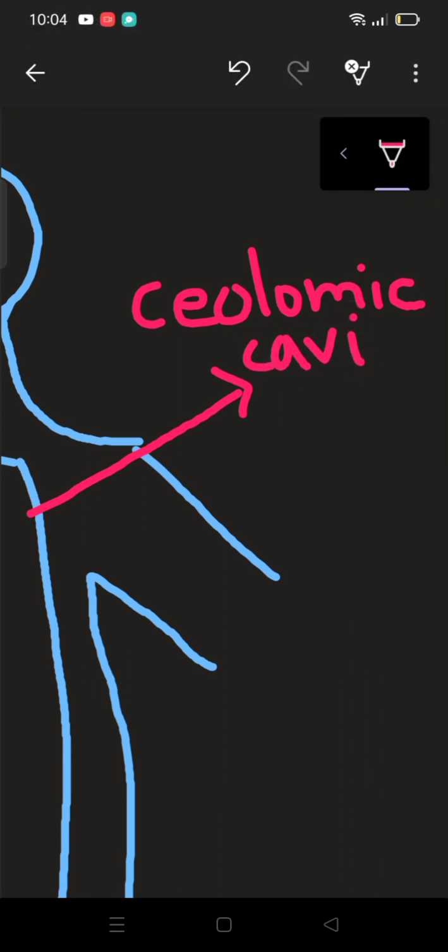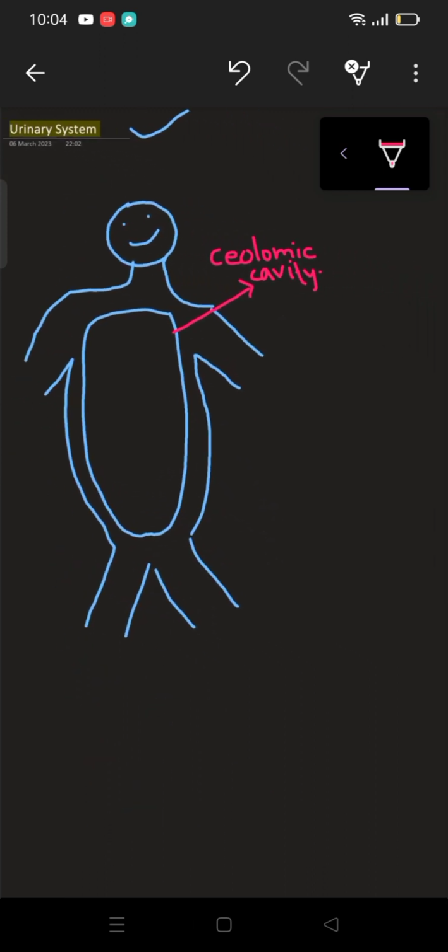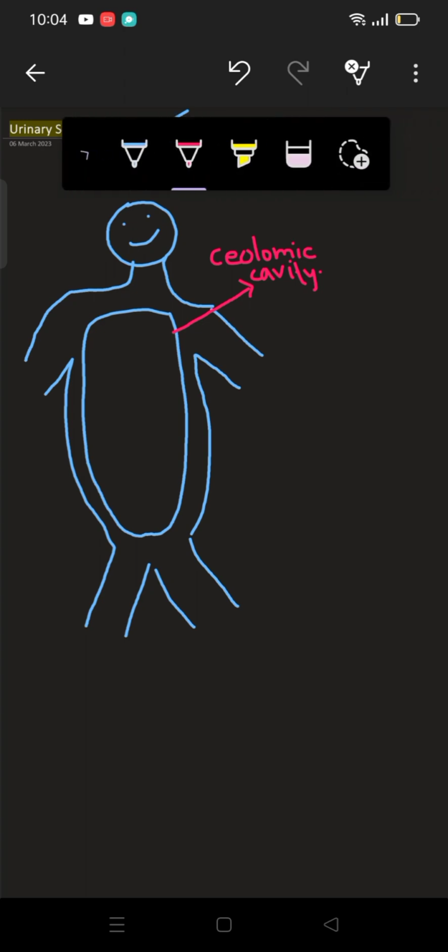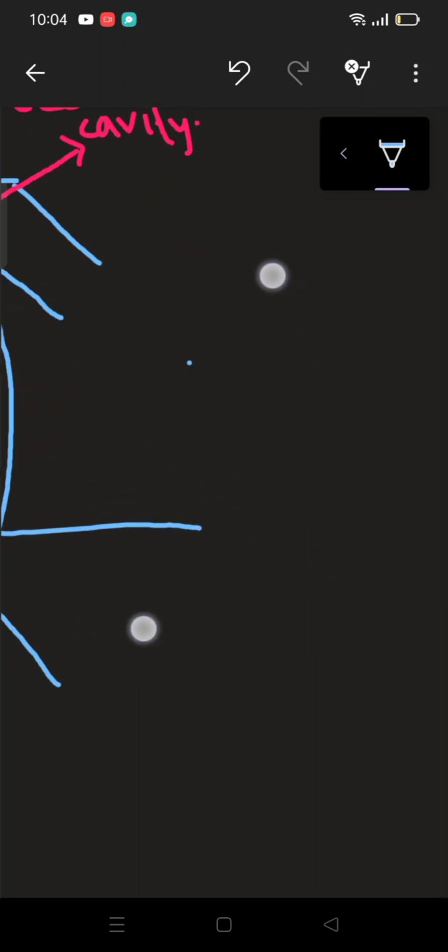Alright, so this is coelomic cavity, while the fluid in it will be known as coelomic fluid. The fluid which will be present inside it will be known as coelomic fluid.